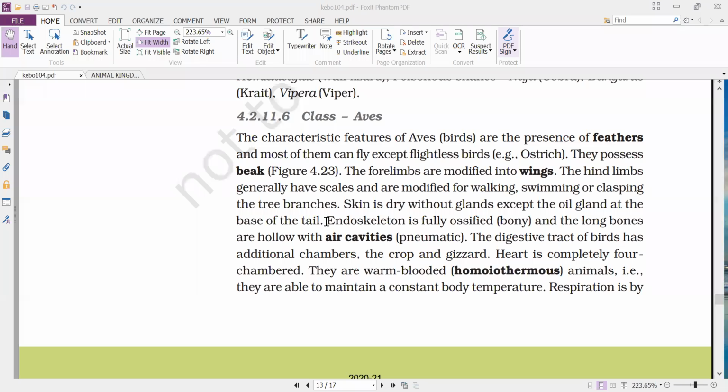It keeps the body lighter in weight, and as a result the bird can fly easily. And next, what is the function of bone marrow? The function of the bone marrow is hemopoietic in nature, that means it is involved in the production of blood and blood cells.